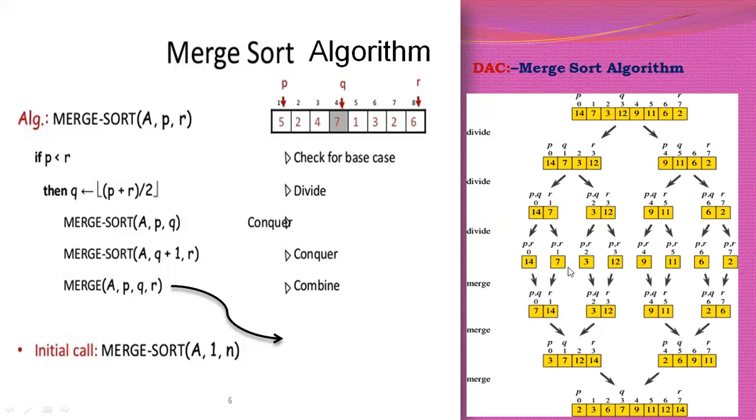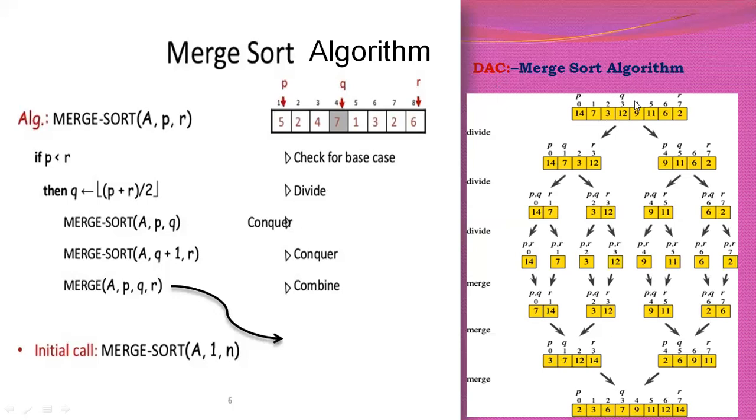Once we solve the array elements individually, we need to apply another technique, which is merge. We need to merge or combine them, and finally the elements are sorted, and we will get the result. Here, all the elements in the given array are sorted by using the divide and conquer technique. So initially, we solve the problem recursively at the left side part.